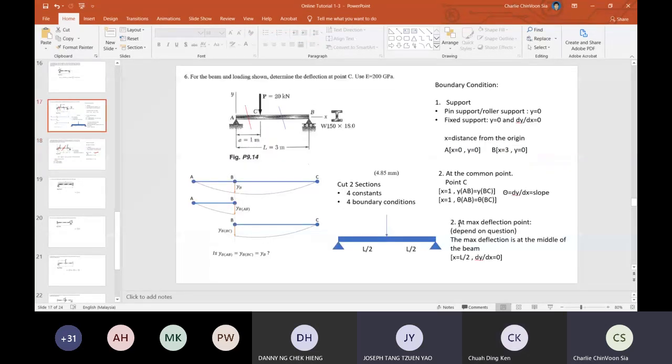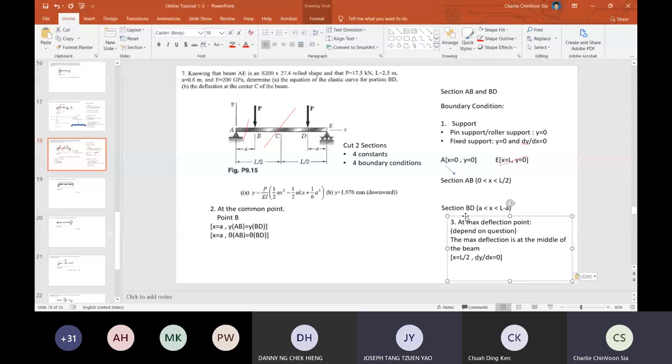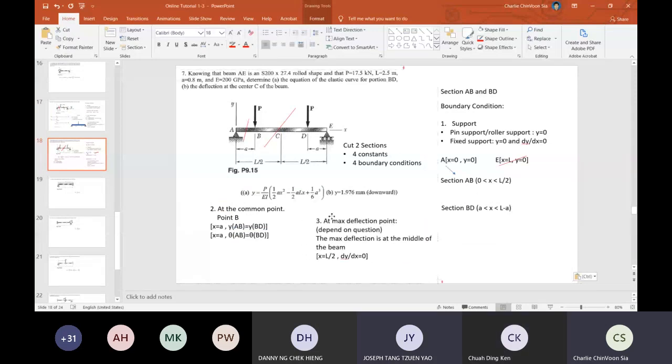And then the last one is based on the max deflection, at the middle of the beam. So when x equals L over 2, dy/dx equals 0. So in total, 1, 2, 3, and 4.